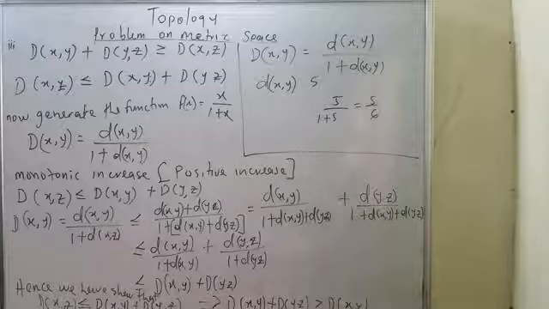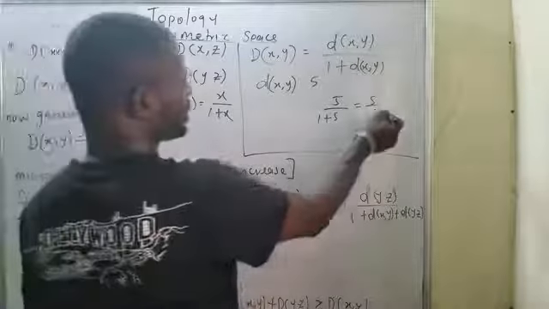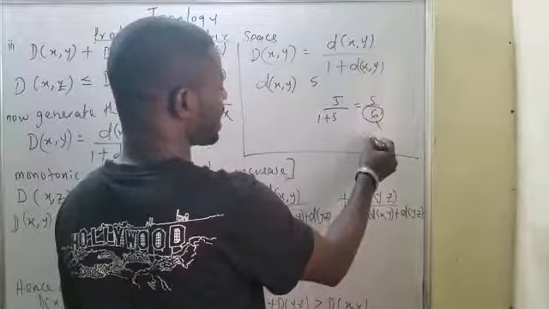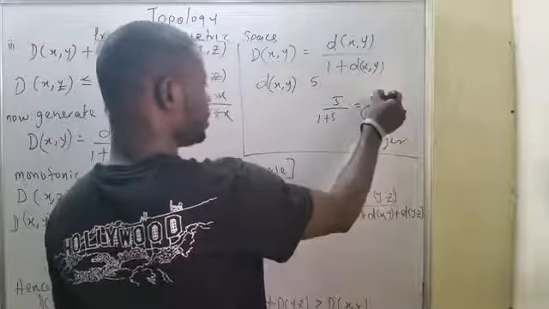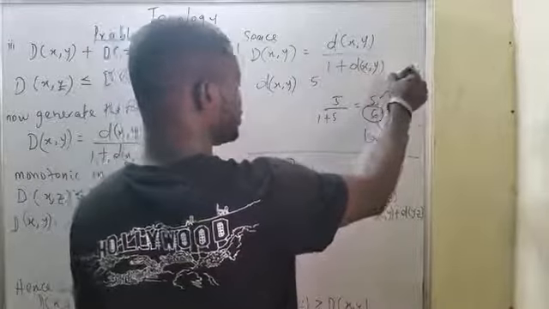Now, since I have 5 divided by 6, there is always an increase here. This place is always greater than what? This place is higher, is larger than down. I mean up is larger.